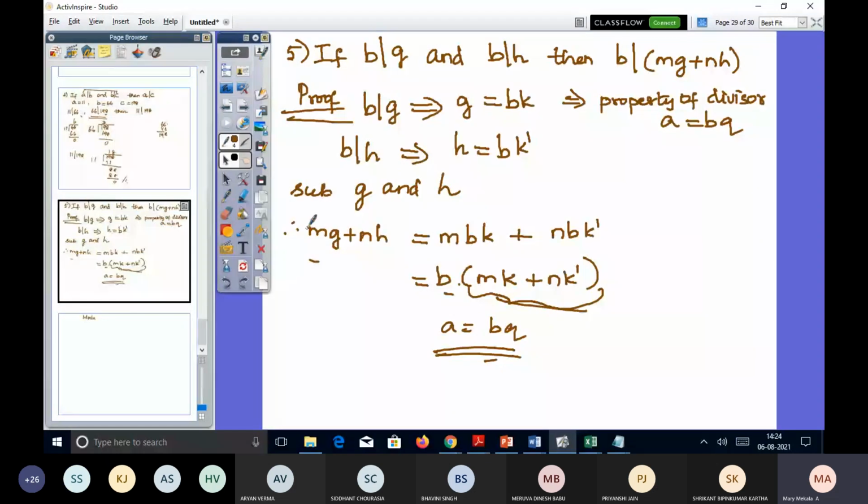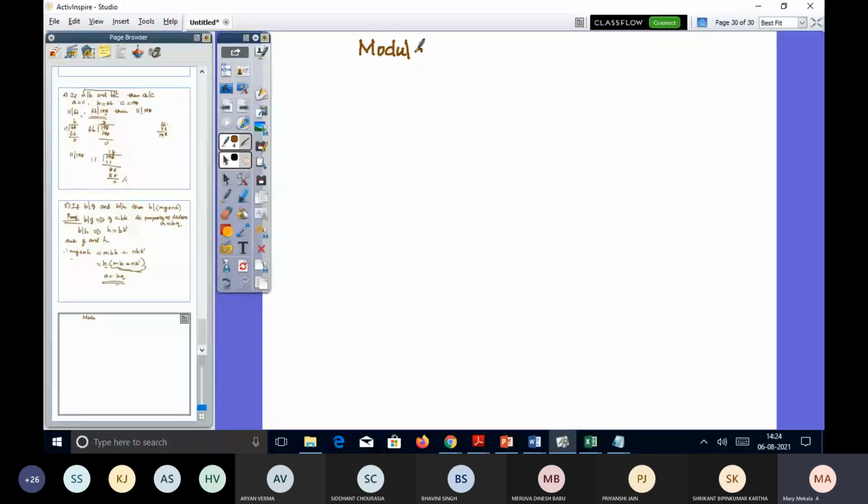So next one is modular arithmetic, and it is very, very important. How can you give a definition for modular arithmetic? Actually, it is an arithmetic for integers that focuses mainly on the remainder. We have studied the modular operator in other programming languages, isn't it?